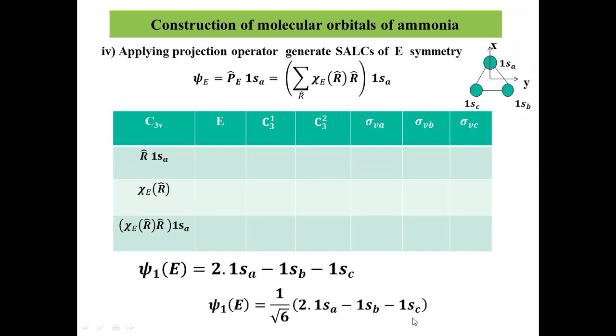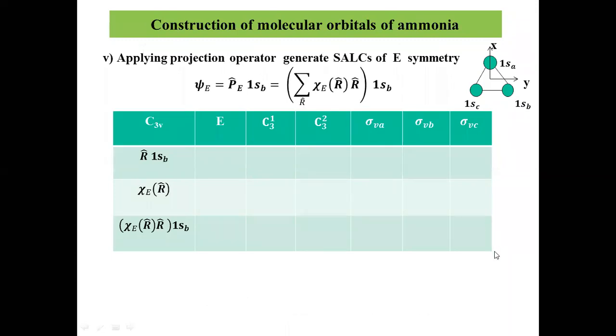Now what is going to be the second one? That's what we are going to start now. As it is a doubly degenerate representation, we should start with 2 different bases. One we started with 1s A, and that gives you this one. Now if we start with 1s B, what are we going to get?